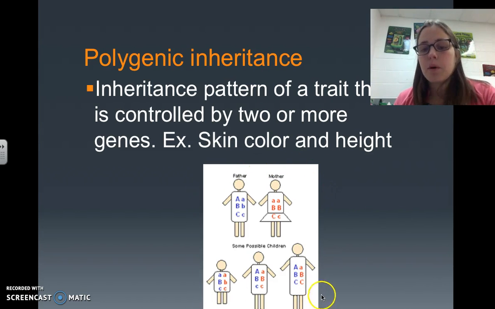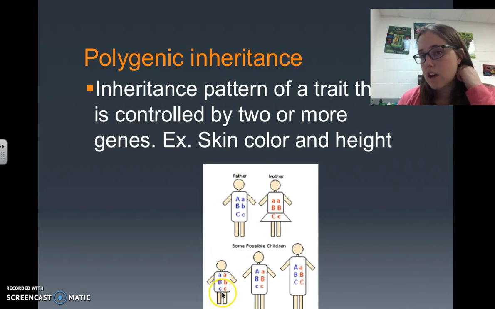So this is an example with a height. The father has 2 different ones here. There are 3 genes, and they have 2 alleles for each gene. See, big A, big B, big C, little c. Mom is little a, big B, big C, little c, and this is how tall she is. But the children could be any combinations of these. So here you got the little a, you got the little b from dad, the big B from mom, and little c, little c.